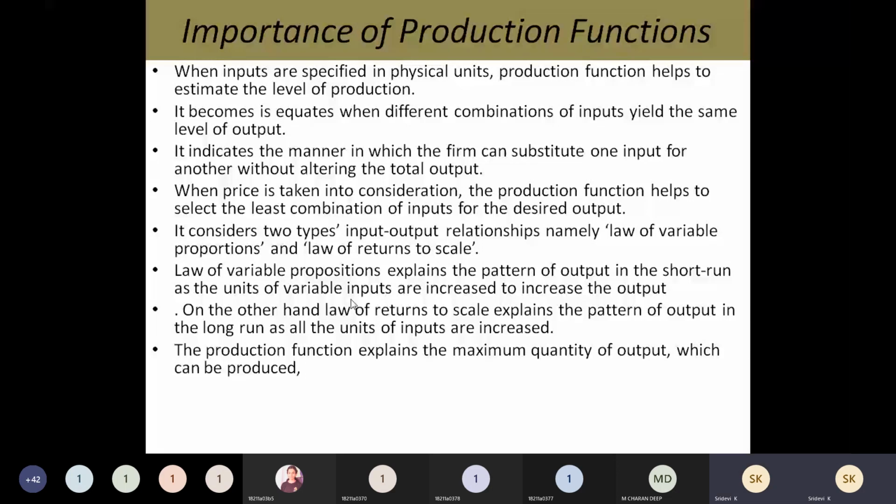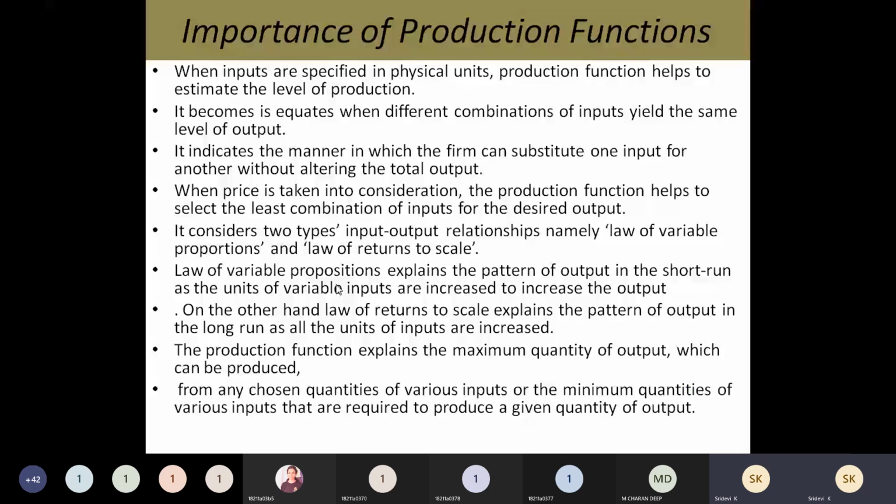Unknowingly, if you go on producing, that will increase your expenditure, the cost of production, which will increase the price of the product, and sometimes it may not be possible to increase the price.